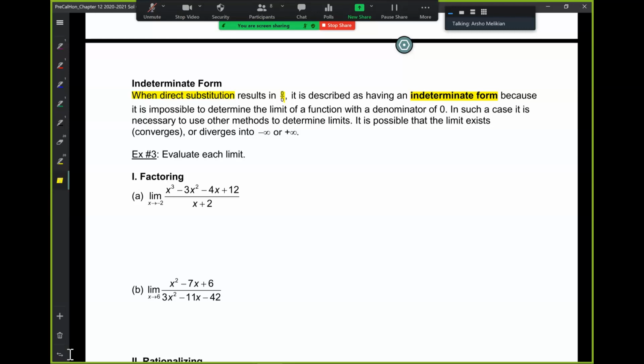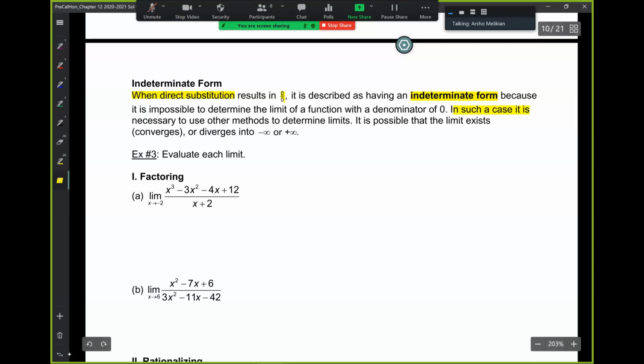Is it 1? It's not 1 because there is no quantity. It's technically dividing by 0, right? But 0 over 0 is indeterminate because when you have a function that results in 0 over 0, it might result in an actual limit, it might be infinity, or it might be DNE. So we don't know until we do some more stuff to it, okay?